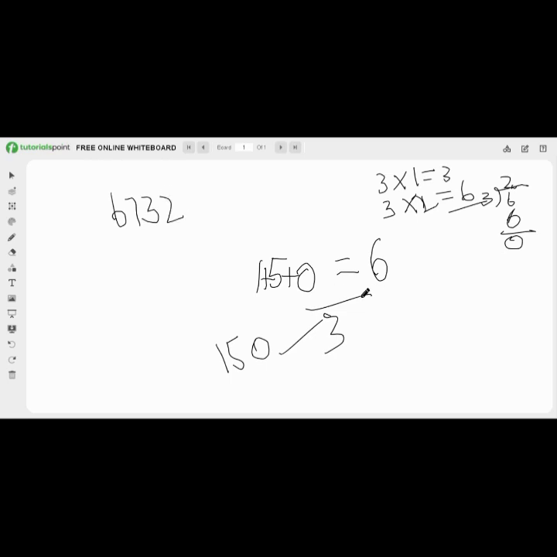Is it divisible by 3? Remember to keep a pen. So add all these digits up. If the sum is a multiple of 3, then the number is divisible by 3. Time starts now.